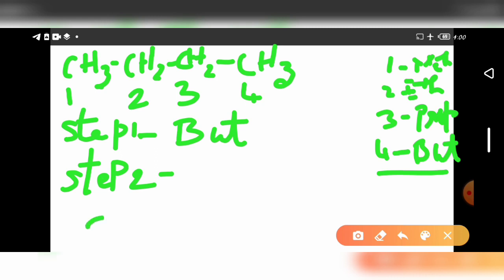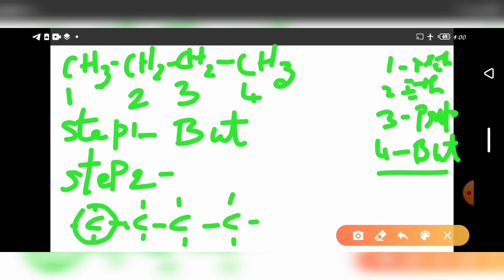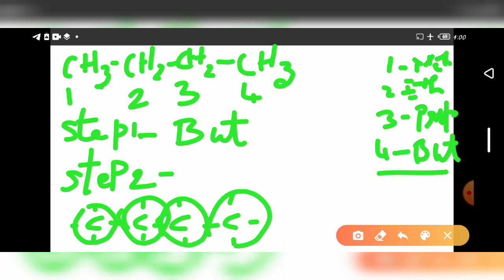See here, I draw 4 carbons. The first carbon contains 3 hydrogens, so you put 3 bonds, the second carbon contains 2 hydrogens, so you put 2 bonds, the third also contains 2 hydrogens, and the fourth contains 3 hydrogens. Each carbon has 4 bonds, all single bonds.